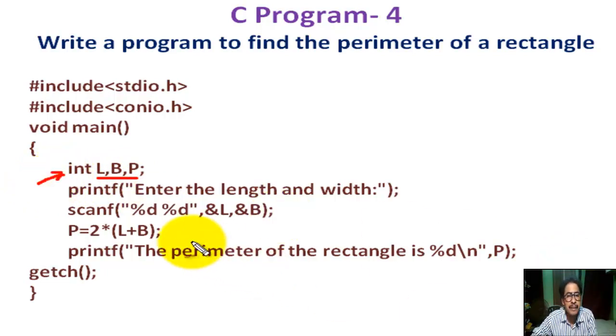Okay, now printf within first bracket, within quotation, enter the length and width, next semicolon. Here the printf function only displays this message.